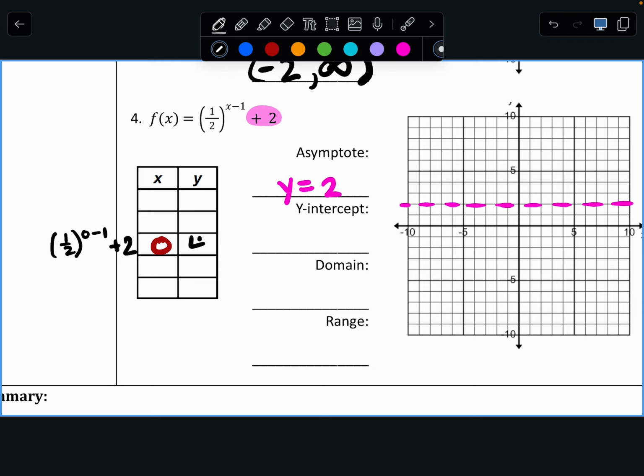That's going to give me 4. So 0, 4 is my y-intercept. I'm just going to write all of these out. Oops, -2 minus 1, that goes there.